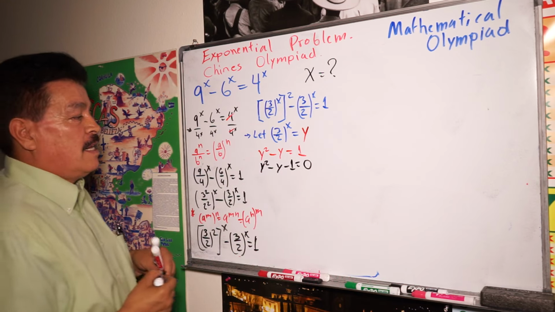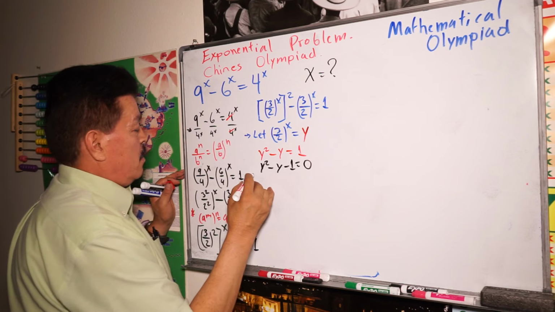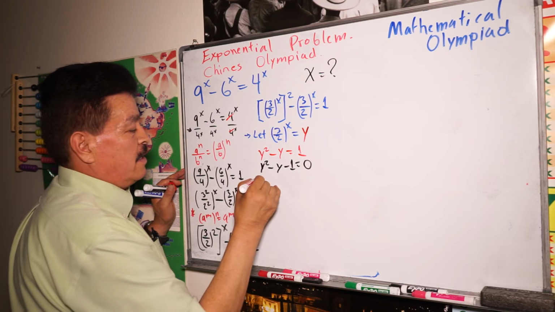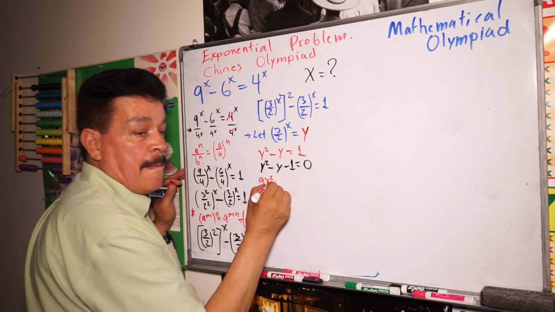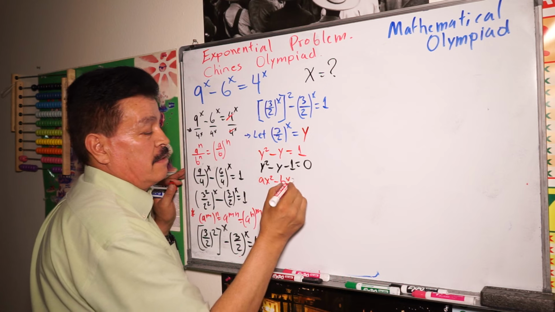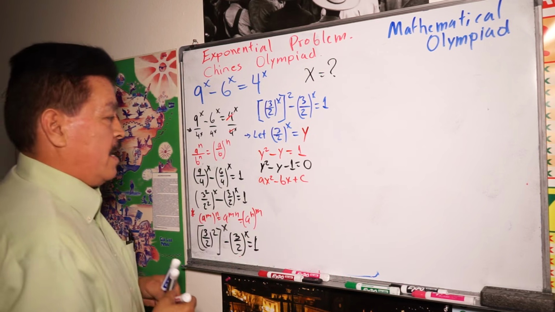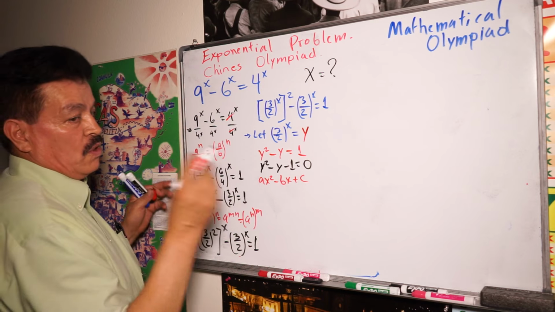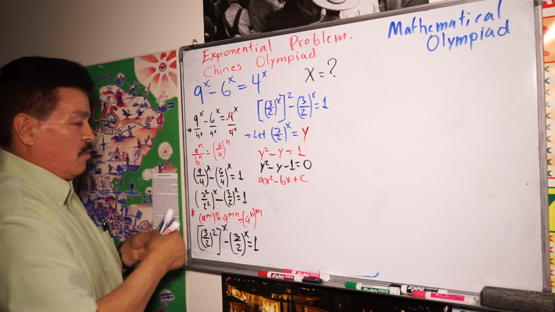All right. So now you have your problem in this form. Remember this form: ax to the second power plus bx plus c. So now you remember this formula.